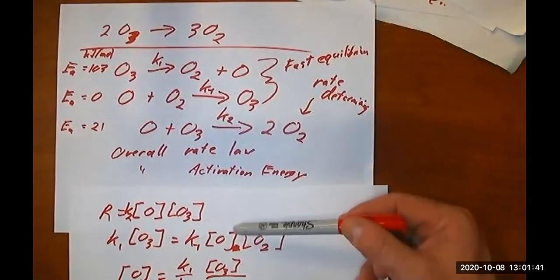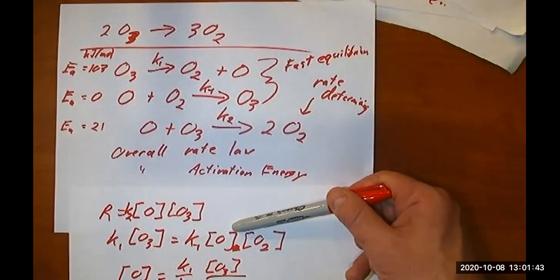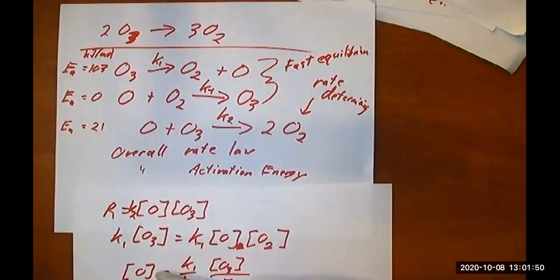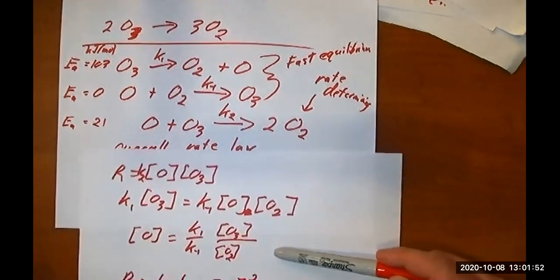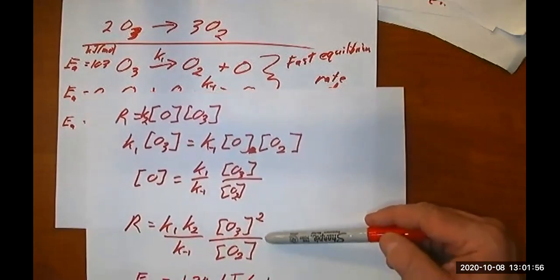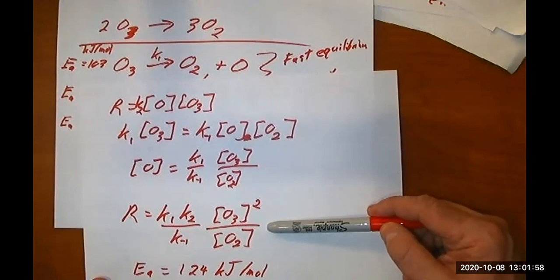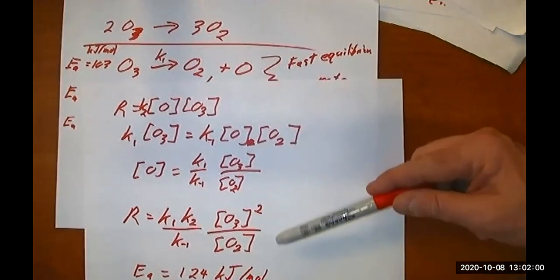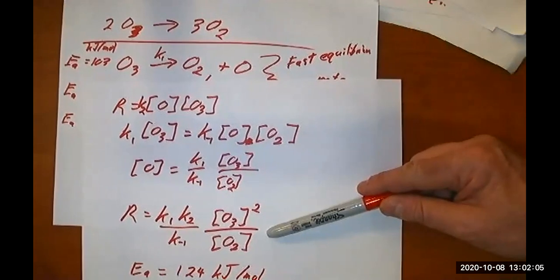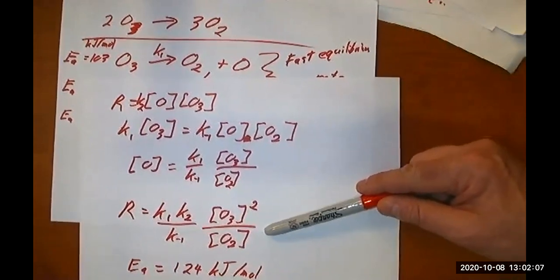We identify the O atom as the intermediate species that we need to get rid of in the overall rate. So we solve for that here. We plug that into the overall rate to get this, to discover that this mechanism is second order in ozone and -1 order in O2.